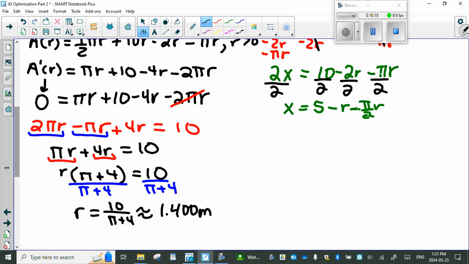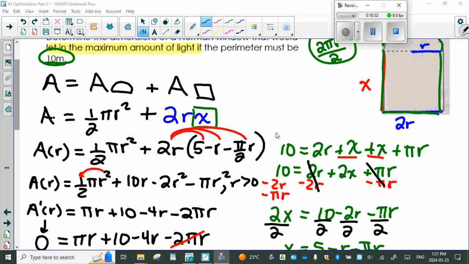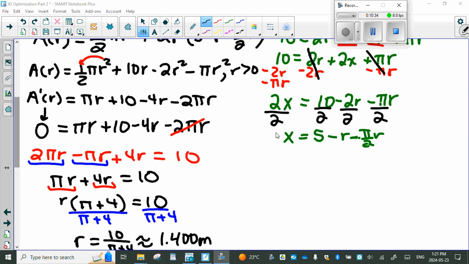All right, I'm just going to pause it for a second. All right, so we found our critical value. We want to make sure it corresponds to a maximum. So we have to find the second derivative. Here's our first derivative. So I'm going to find f double prime at r. Okay, find my second derivative.